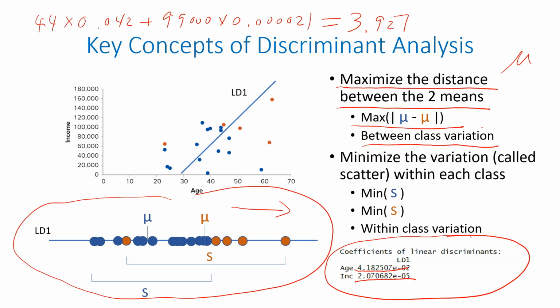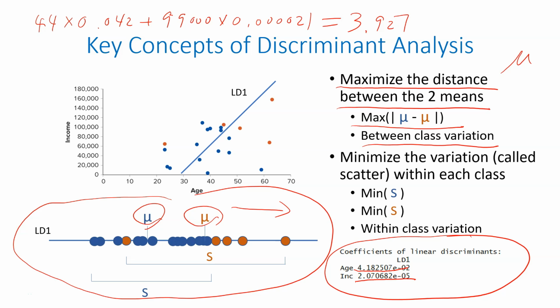This part is relatively easy to understand. As you can see from this diagram, the farther away the means of the classes are, the more separated these classes are on this new dimension.